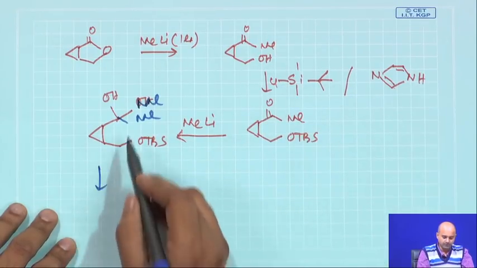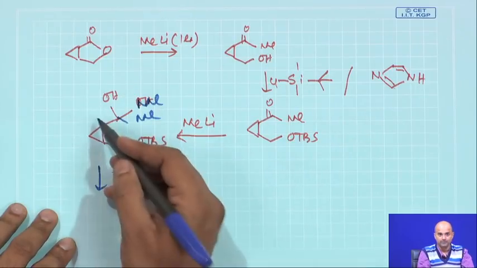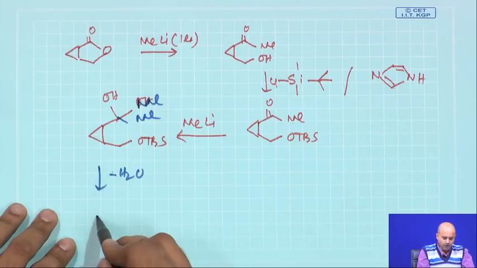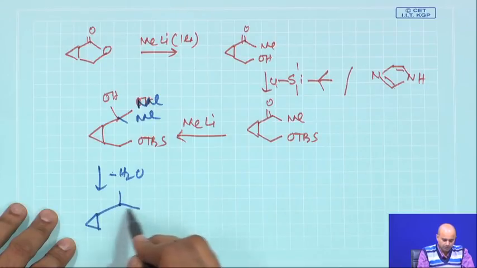Now, you can convert this alcohol to its corresponding tosylate or mesylate, or just do a simple water elimination of the tertiary alcohol, and you will get the target molecule quite easily.